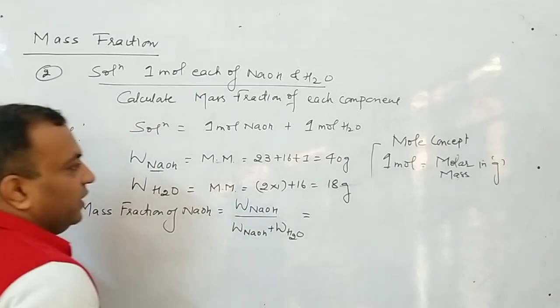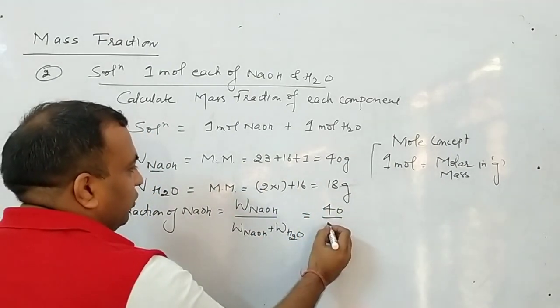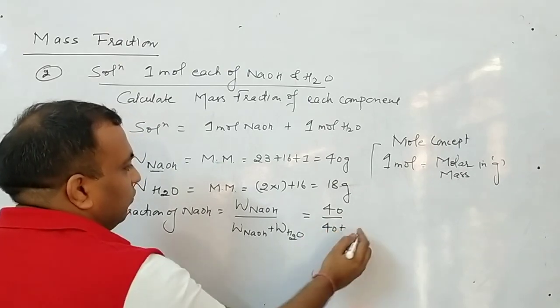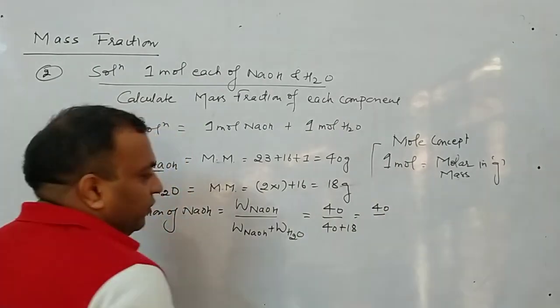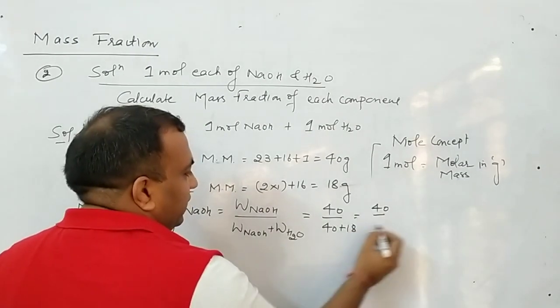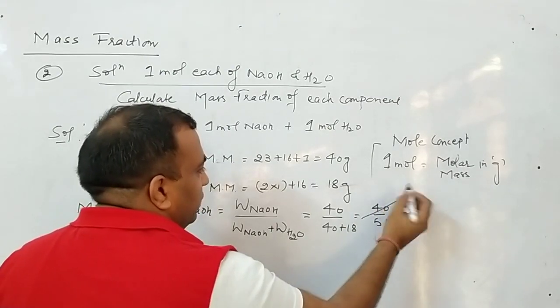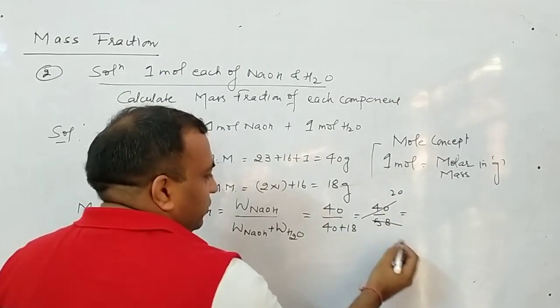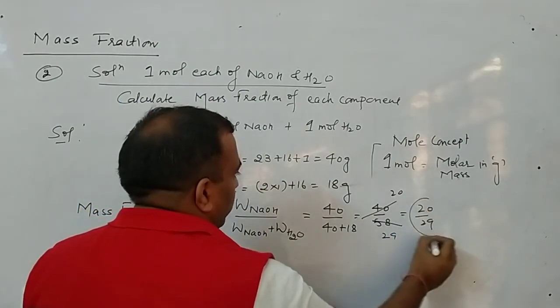So what is the mass of NaOH? 40 upon mass of NaOH is 40 plus mass of water is 18. So this comes out to be 40 upon 58. If you divide by 2, this will be 20 upon 29.